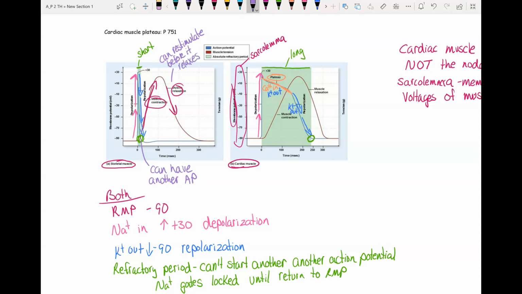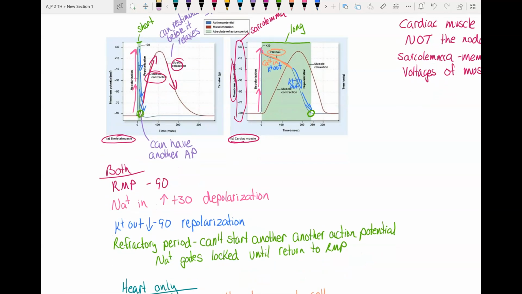You keep re-stimulating it before it has a chance to relax, and so it stays contracted. And this state of staying contracted is called tetany. Not to be confused with the disease tetanus. Remember, we learned about that in chapter 14. That's a bacterial infection. We're not talking about an infection. Tetany is just a state of keeping your muscle contracted. You do this all the time.